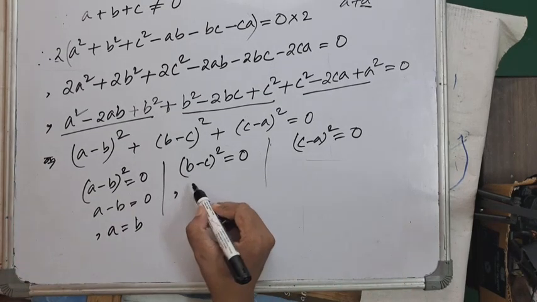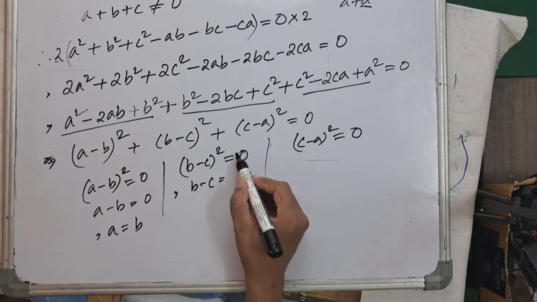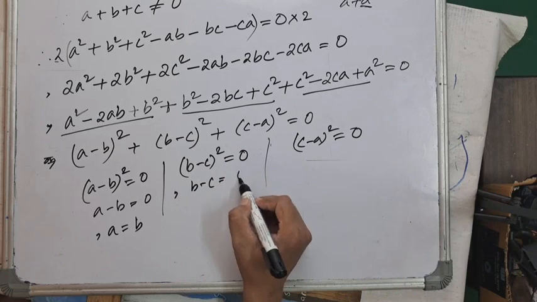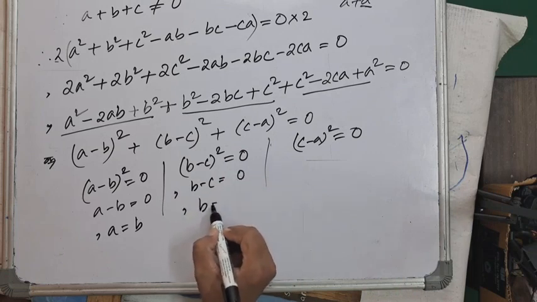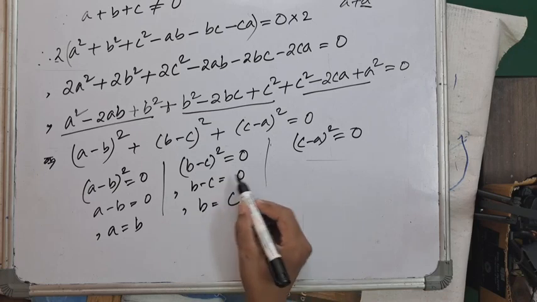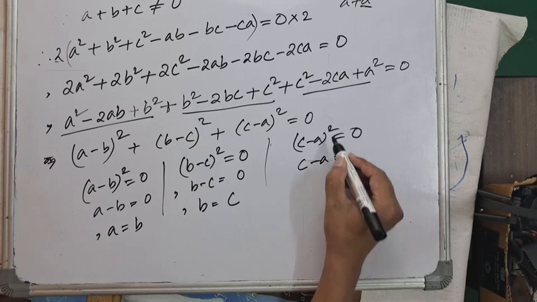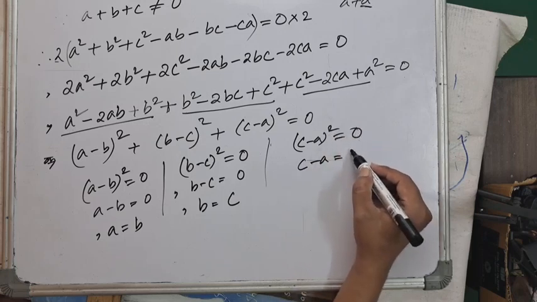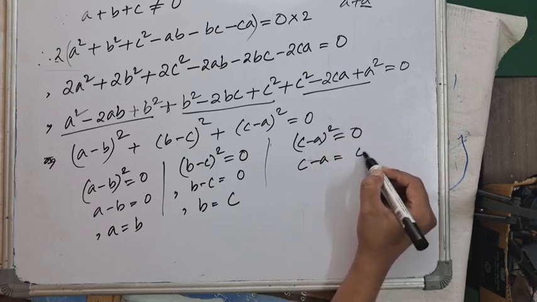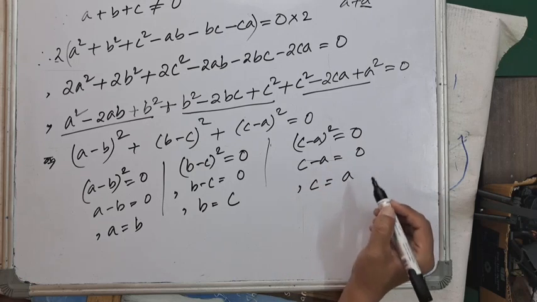Now similarly, b minus c equal to, we take this square to the right hand side, square root of 0 means 0, or b equal to, we take this minus c to the right hand side, b equal to c, minus c becomes plus c in the right hand side. C minus a equal to, this square we take to the right hand side, becomes root under 0, root under 0 means 0, or c equal to, we take this minus a to the right hand side, becomes plus a.